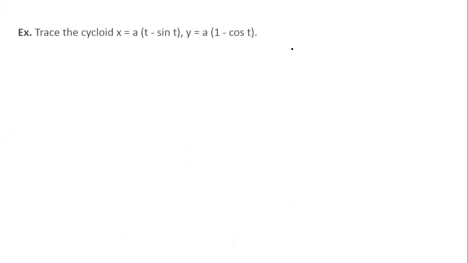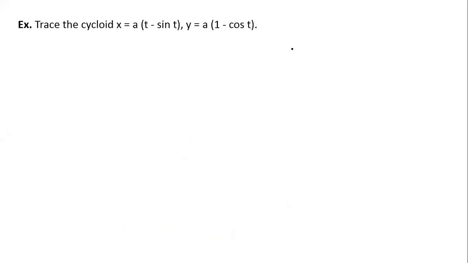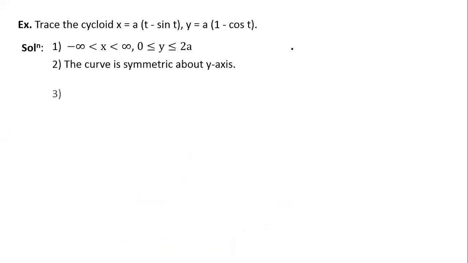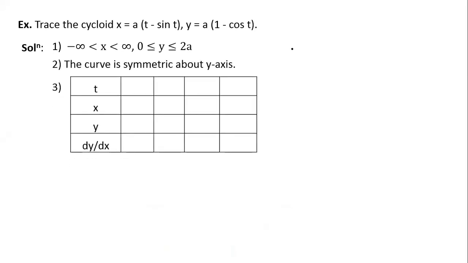Next problem, that is, trace the cycloid x equal to a times t minus sin t and y equal to a times 1 minus cos t. Again, symmetric about the y-axis. We have a table with values 0, pi, 2 pi, 3 pi.